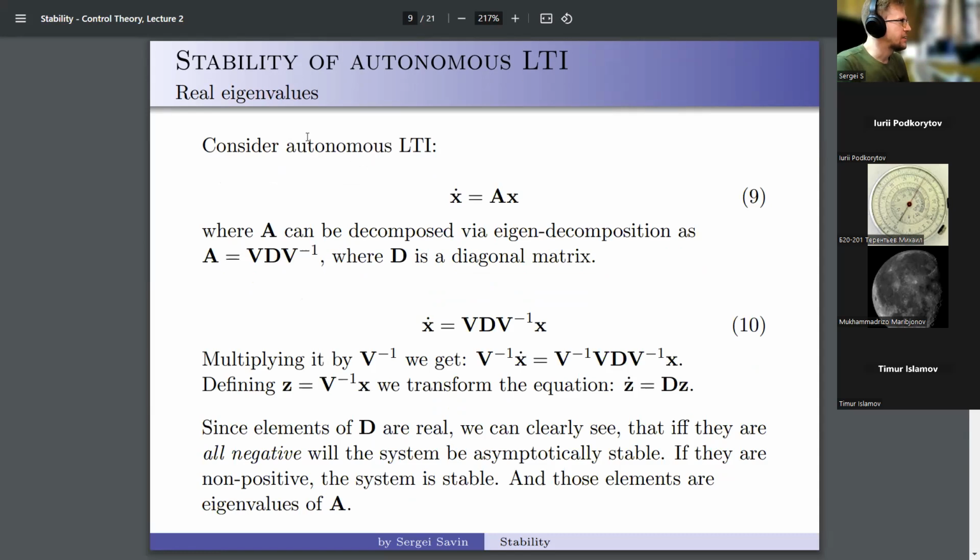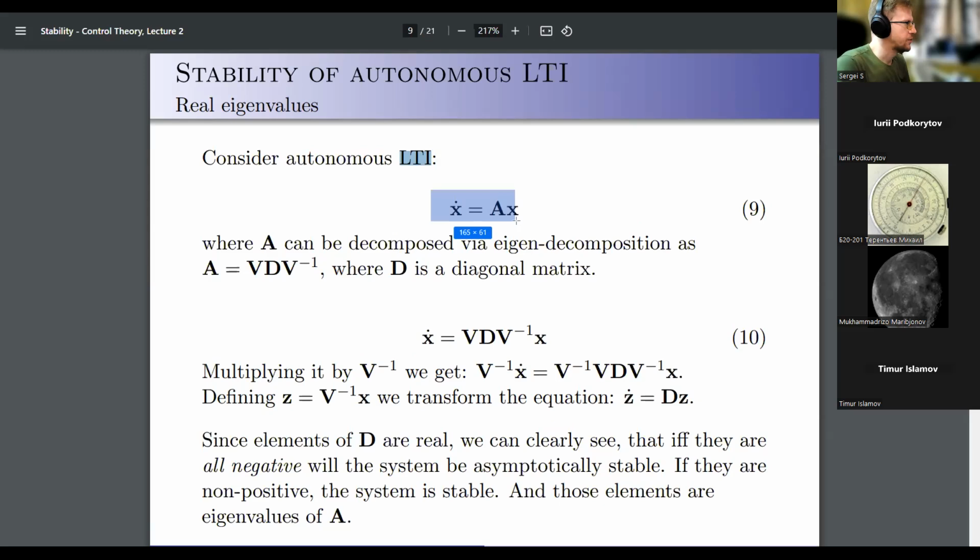Now, let us consider an autonomous linear time invariant system discussed by this equation, where A has an eigen decomposition, so a decomposition into eigenbases and eigenvalues of this form.